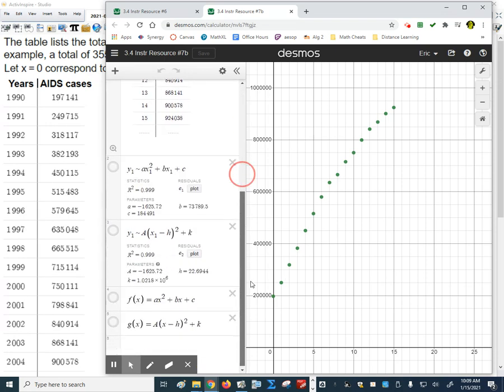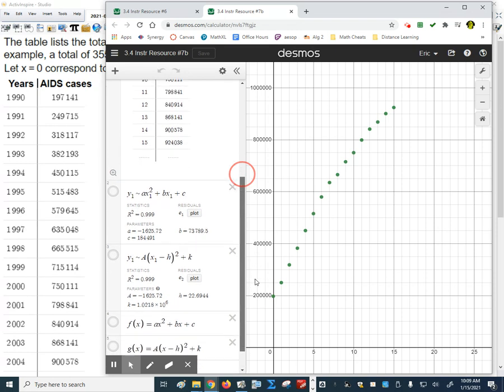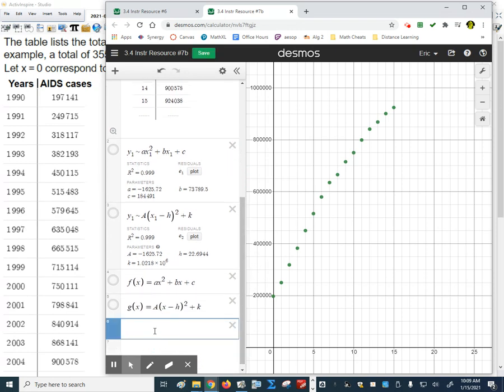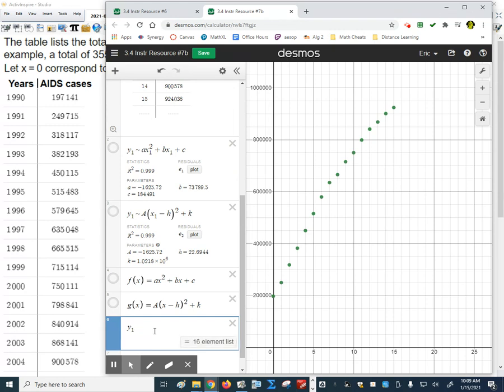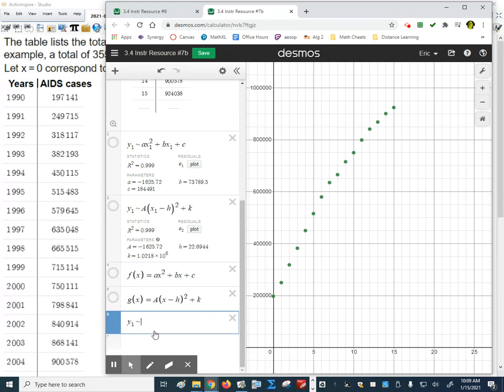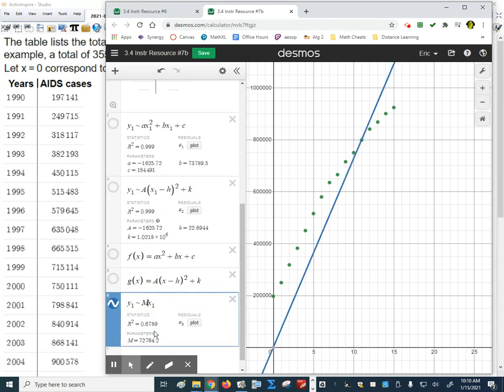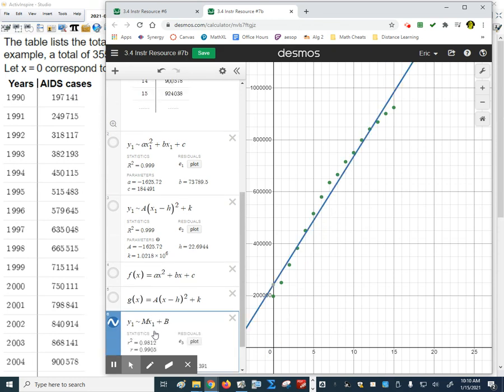Like if I did a linear fit here, if I did y1 is approximated by mx1 plus b, and I'll make these capital because I'm already using a b. Well, it gives me values, but look at the r squared on this. It's 98. It's not bad.